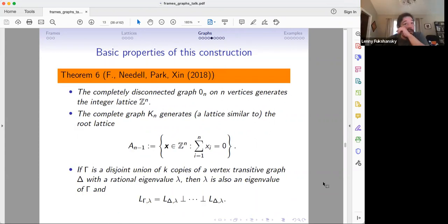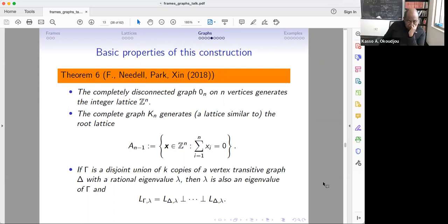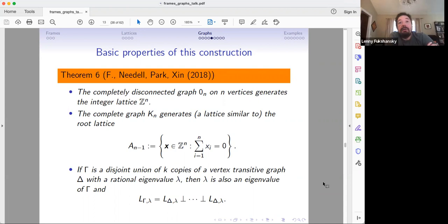good. So just a few words about the basic properties of this construction. Well, if you start with the completely disconnected graph on n vertices, the lattice you get this way is just Z^n. Complete graph on n vertices. I should say that whenever I say this construction produces such and such well-known lattice, I always mean up to similarity.